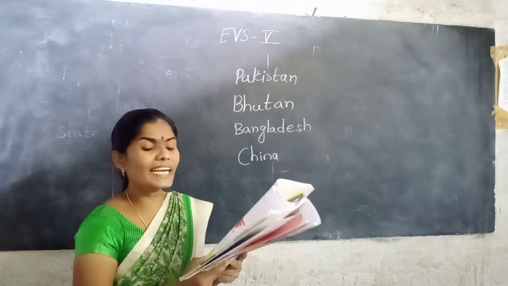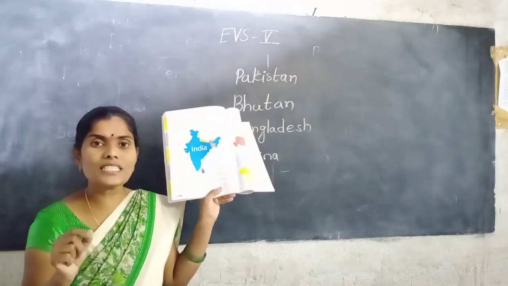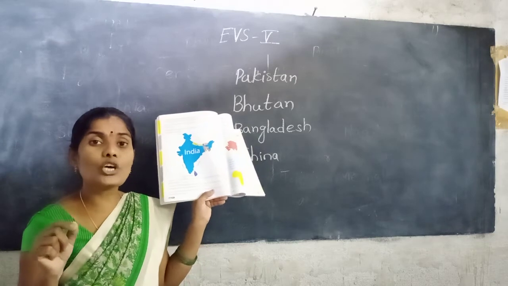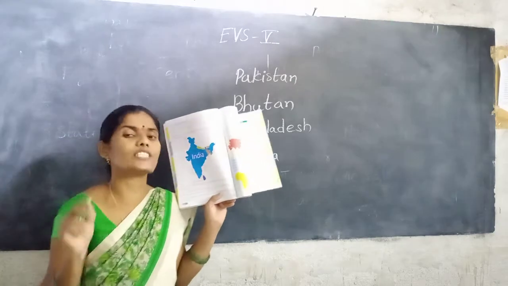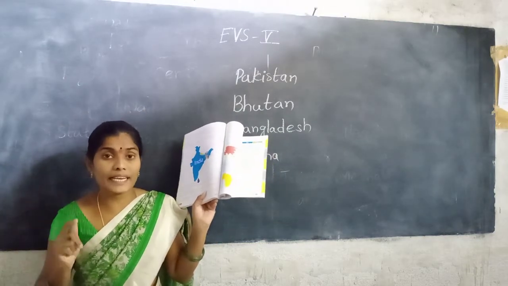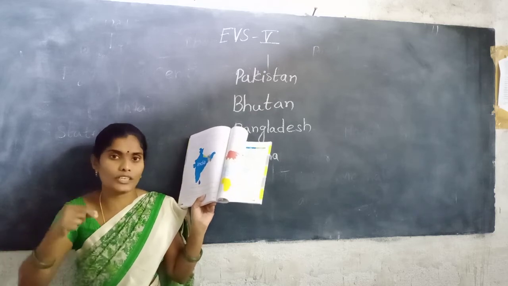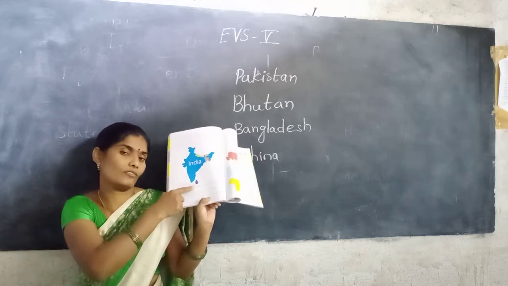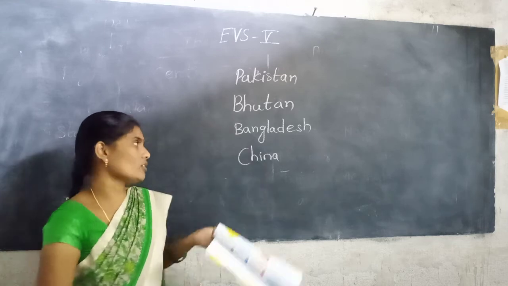Next, island country. What is an island country? Island means a land which is surrounded by water on all sides. There is no landform. Which country is covered with water on all sides? Sri Lanka. Write down Sri Lanka.